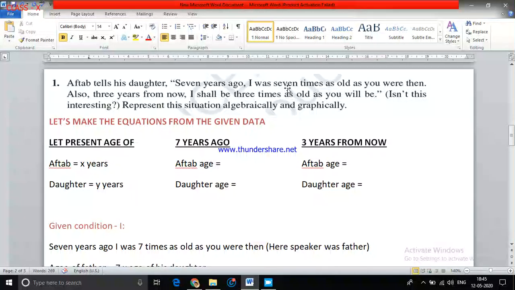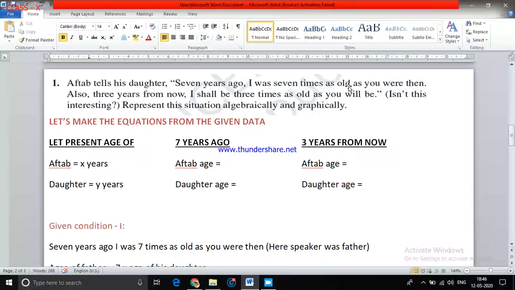Okay, you have to understand the word statements clearly. What is he saying to his daughter? That the father is 7 times as old as the daughter. If we stop the question there itself, then I have to think the daughter's present age is such that 7 years ago the father's age was 7 times his daughter's age.